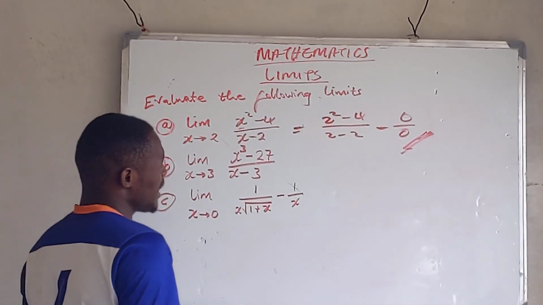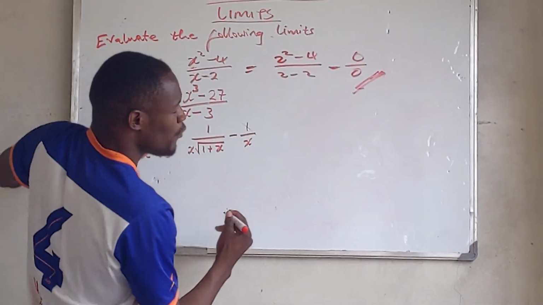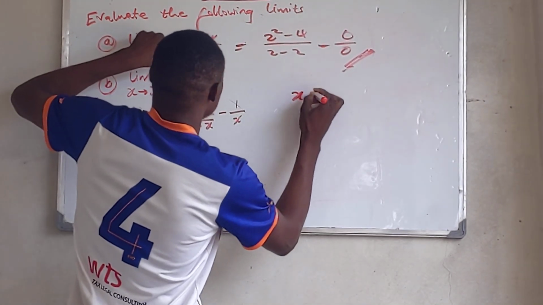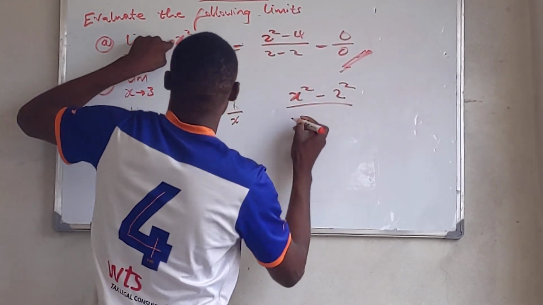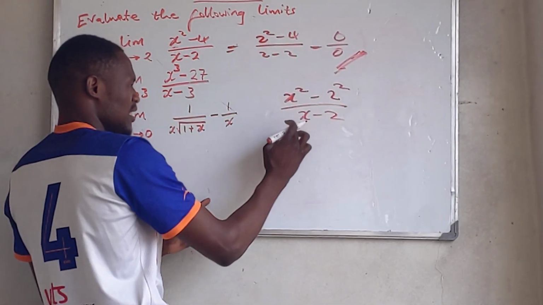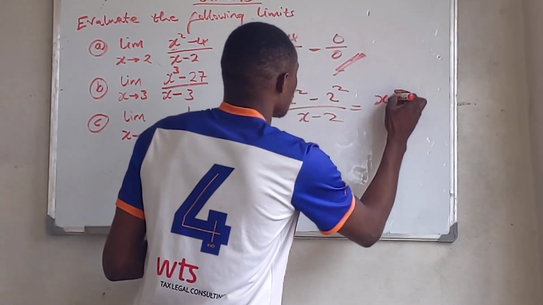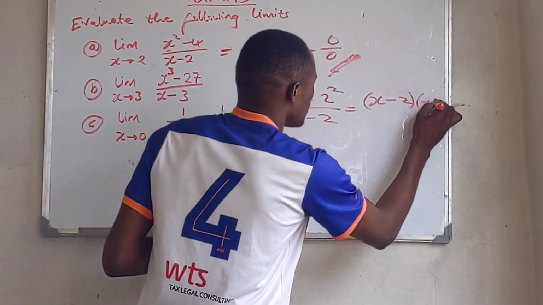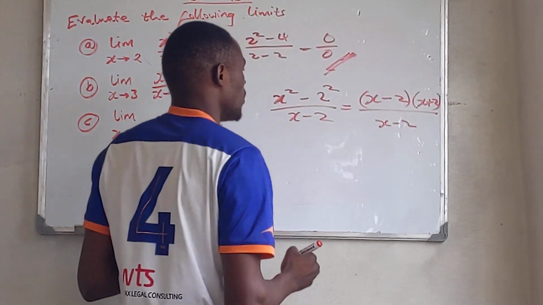Therefore, since the square root of 4 is 2, this is exactly the same as x squared minus 2 squared over x minus 2. This can also be written as (x minus 2)(x plus 2) over x minus 2.